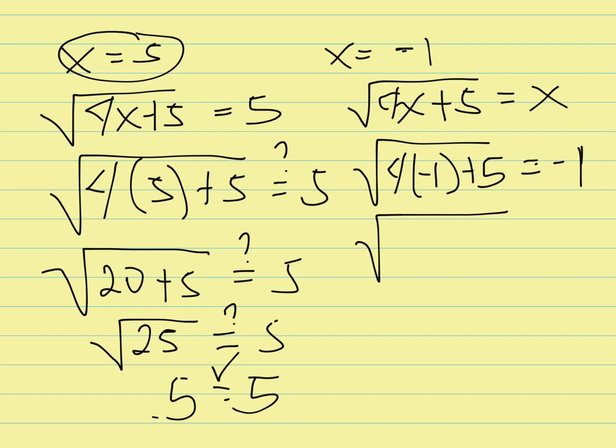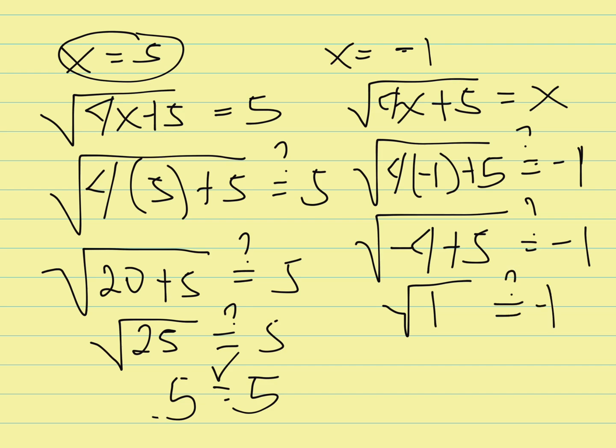Next, simplify: negative 1 times 4 is negative 4, plus 5. So negative 4 plus 5, we have the square root of 1 equals negative 1. So the square root of 1 is not equal to negative 1.